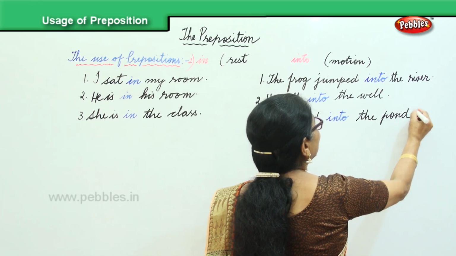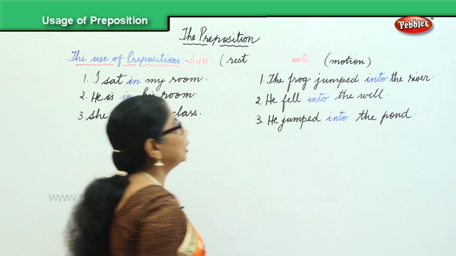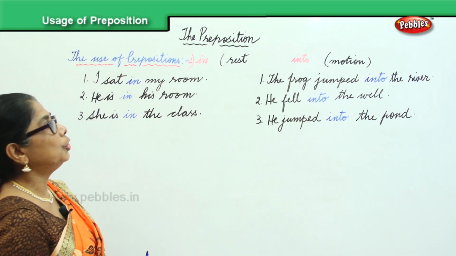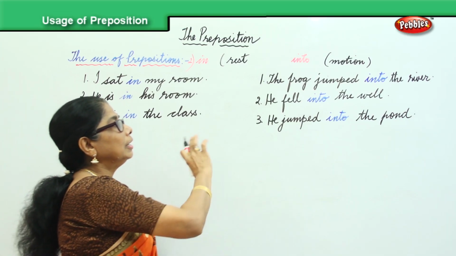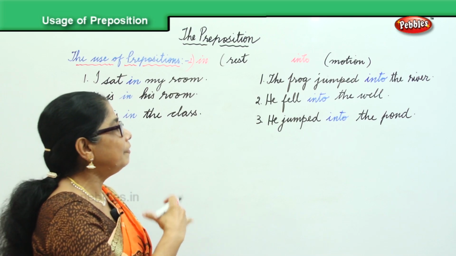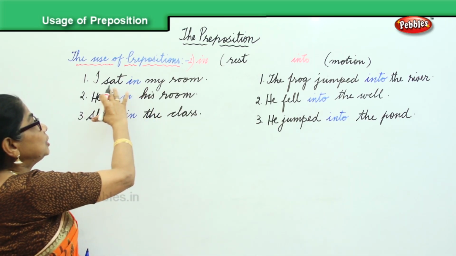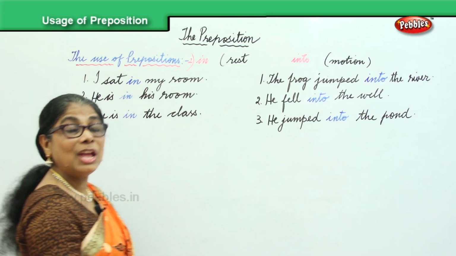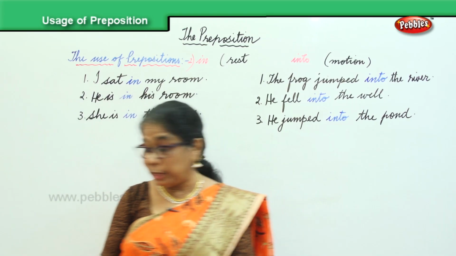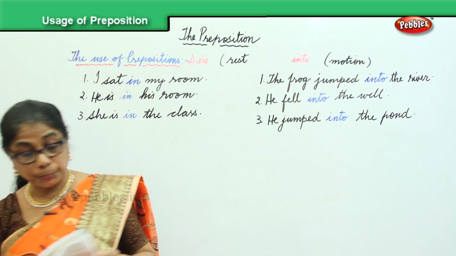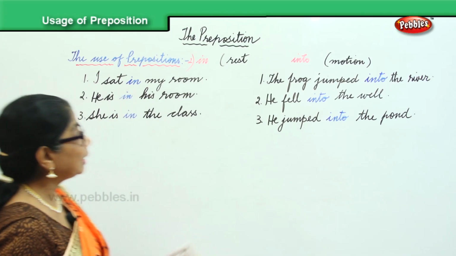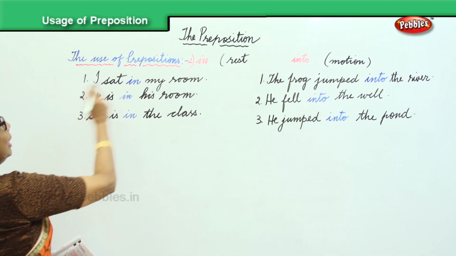We're talking about things in motion. We use into when something is in motion. The frog jumped, he fell, he jumped. When things are at rest, we use in. Things in motion, we use into. Now, that is the second one.